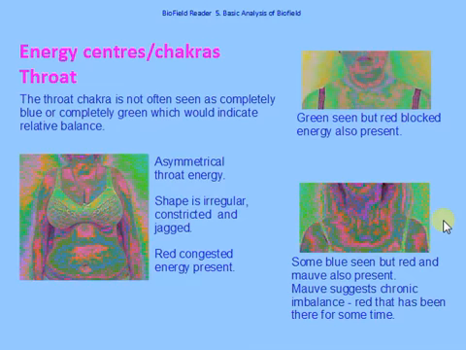The woman on the bottom right, we have got some blue showing, but again we've got an asymmetrical jagged throat energy centre. So the red shows congestion, and the mauve suggests chronic red congestion, chronic imbalance, red that's been there for some time.